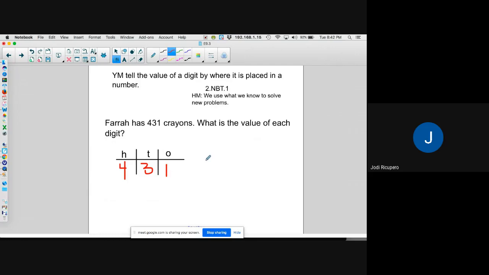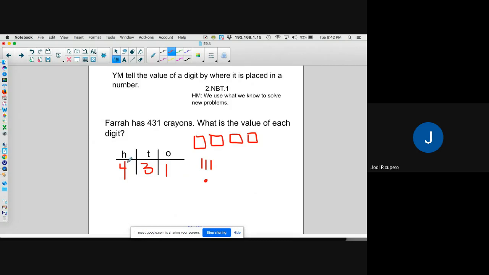So now for me to find out what the value for each digit is, I could draw my place value blocks. So I'm going to draw 4 hundreds, 3 tens, and 1 one.